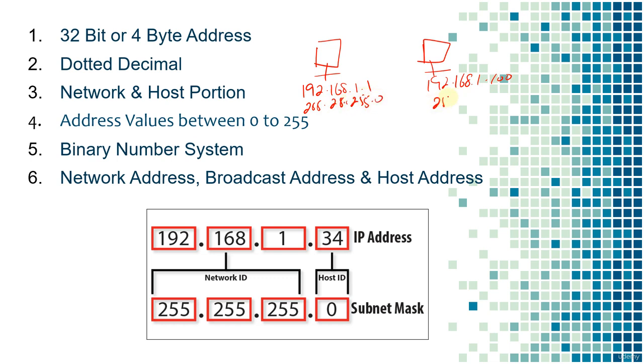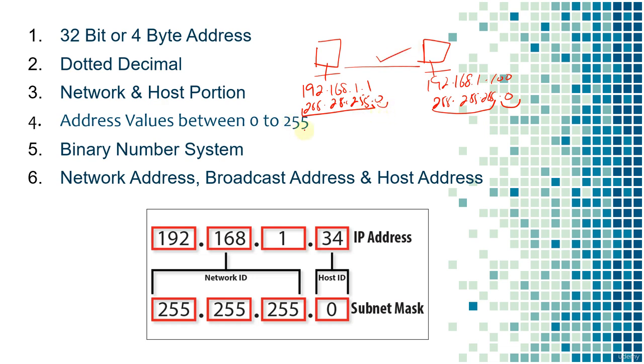Similarly over here as well, 255.255.255.0. Now you can see the subnet mask: this is the network portion, this is the host portion, this is the network portion, this is the host portion. So these are identical. Both will be able to communicate.